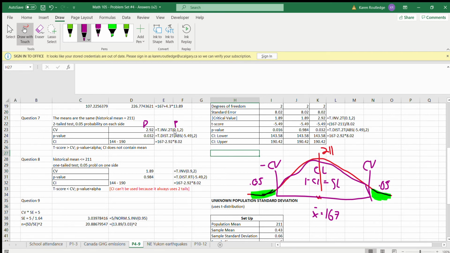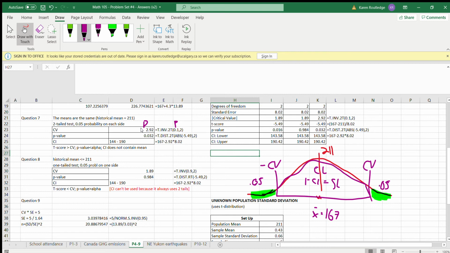We give it the degrees of freedom, which is n minus 1, where n is the number of data. And then it gives us a number. So this number is in standard error units.